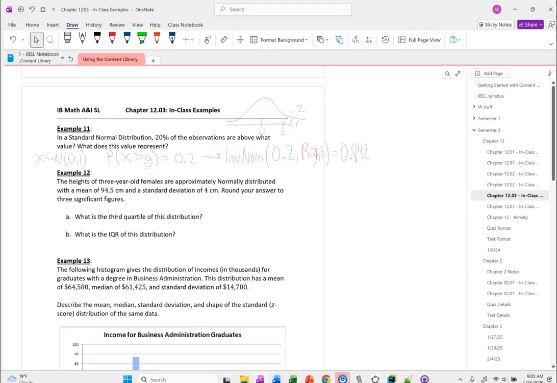So what could we say? This spot over here then is 80%, right? So this is the 80th percentile.